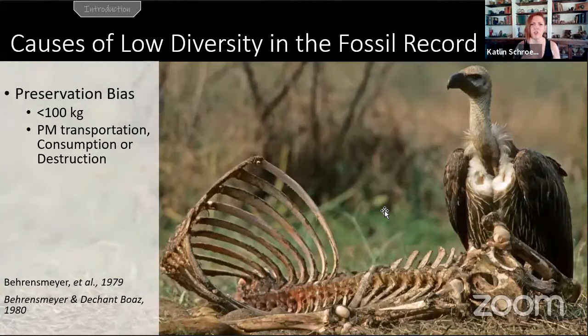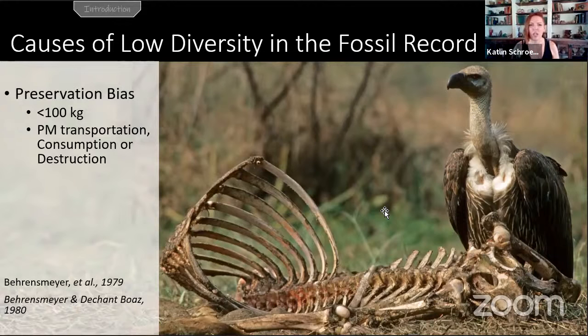So preservation bias is the unequal fossilization of species or individuals in a species, right? So Kay Behrensmeyer has done a really fantastic job of examining preservation bias in modern animals, basically by looking at, when an animal dies on the African savanna and its skeleton is left there, how long is it left there? Does it get destroyed? After a certain amount of time, what's really left, right?